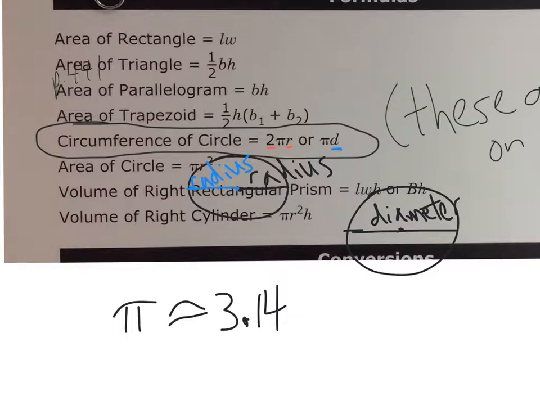The ones on the computer probably are not going to have a pi button. So they'll probably say either use 3.14 for pi, or write your answer in terms of pi. So we'll talk about those things as we go. But again, you probably won't be using the pi button on your calculators for ISTEP, although it's slightly more accurate than just using 3.14.